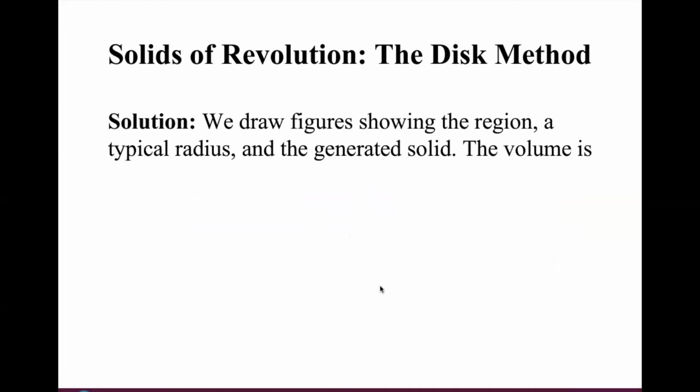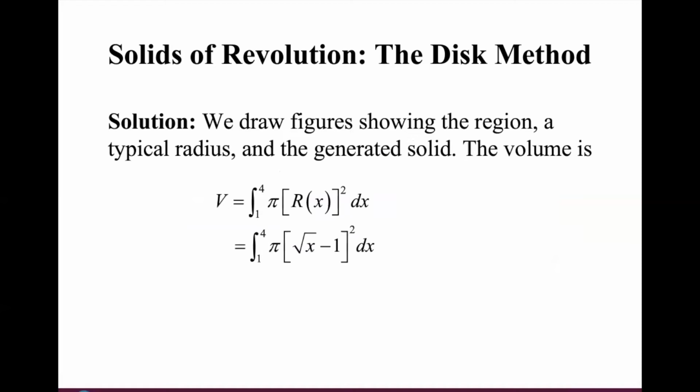So having drawn those sketches, the volume of this solid is going to be given by the integral from 1 to 4 of pi times r of x squared, where, as we just noted, r of x is the square root of x subtract 1. So multiplying out the square of the square root of x subtract 1, we get x minus 2 square root of x plus 1.